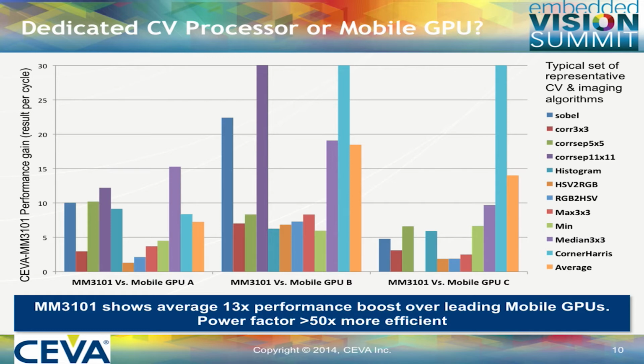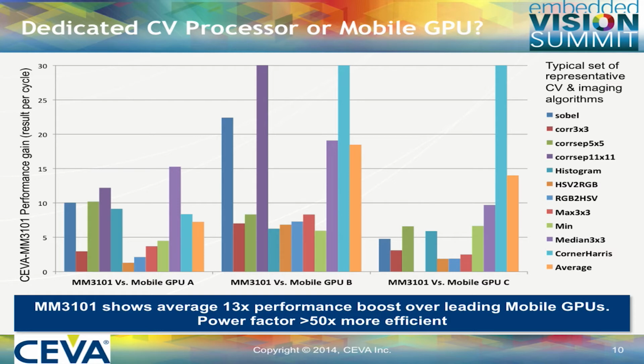We have a histogram, which is data load-store intensive, point operations such as color conversions, min, max, median, corner Harris, which is multiplication intensive, and average. What you see on the y-axis here is the performance factor of by how much the DSP is more efficient than the GPU. For instance, we take the first one, that's the Sobel.